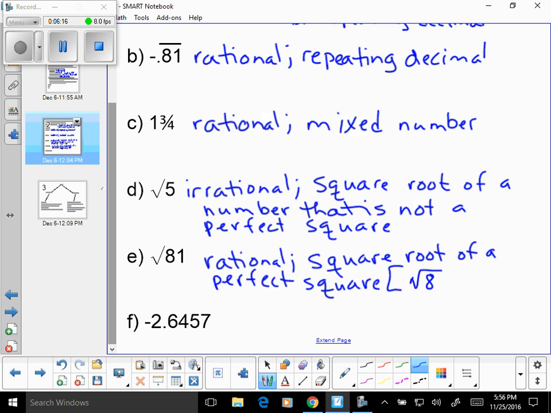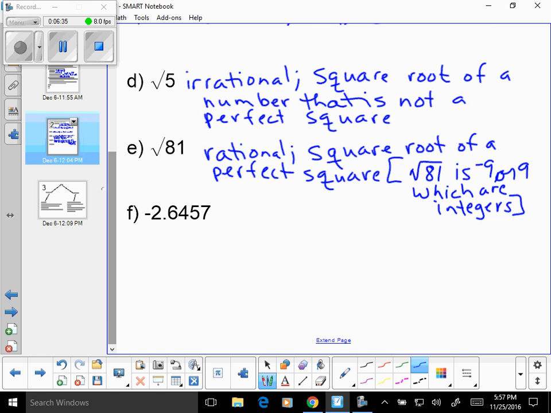Square root of 81 is -9 or 9, which are integers. And that could be an alternate explanation. And then our last one is also going to be a rational number. And it is a terminating decimal.